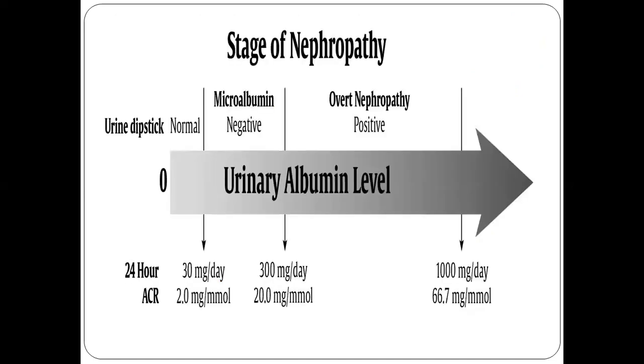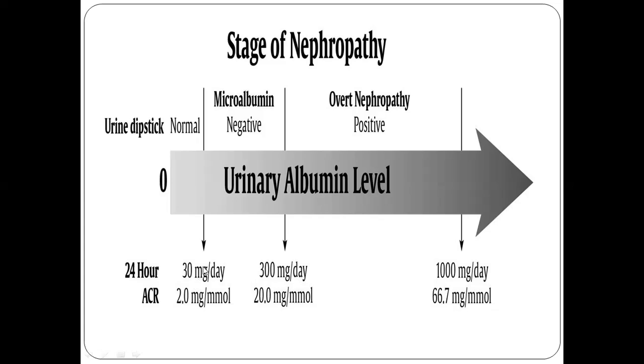Coming to the stages of nephropathy. The value interprets the nephropathy. If the value is below 30 mg per day or 2 mg per millimole, that is normal.